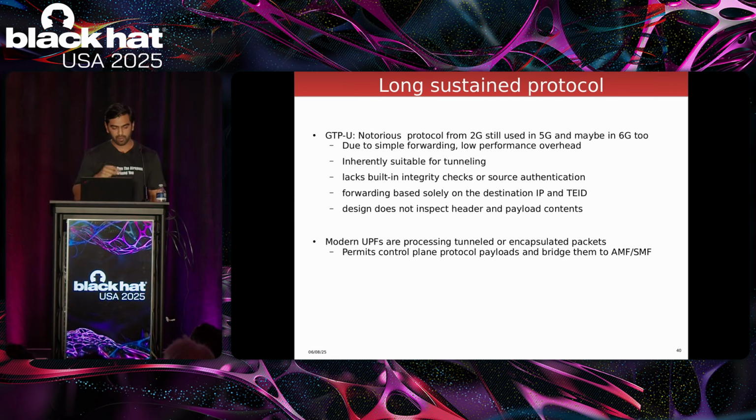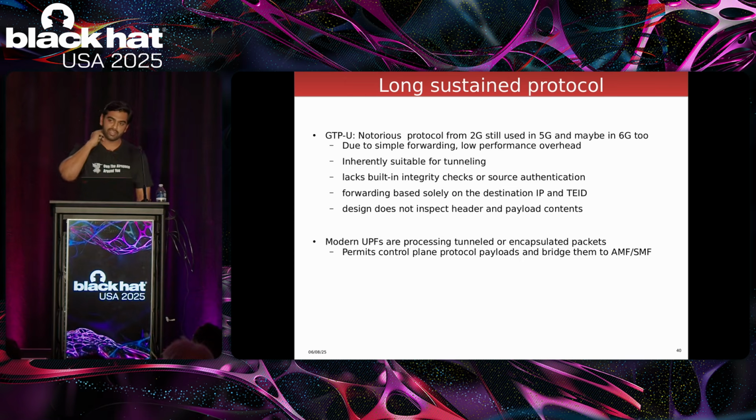What makes it inherently suitable for tunneling is that there are no built-in integrity checks or source authentication, which means anybody can craft a header like this and just inject it into the network. Even if it is carried inside IPsec, it doesn't matter, because IPsec is only protecting the transport layer. So the packet reaches the UPF, and if the encapsulated packet gets processed, then the attack starts.